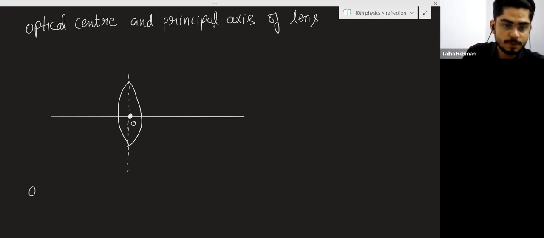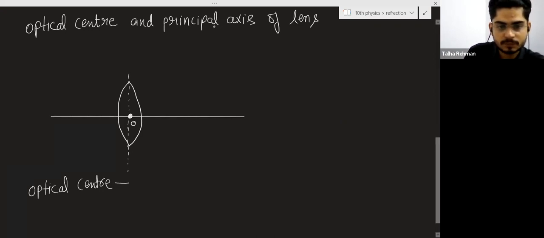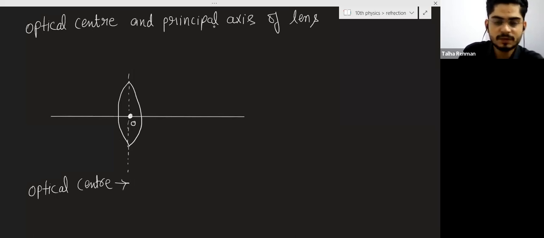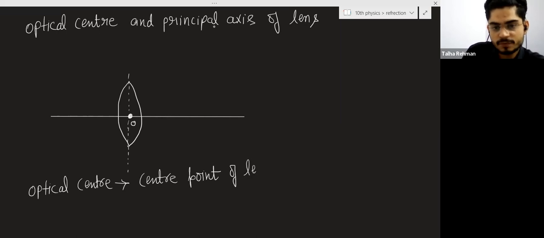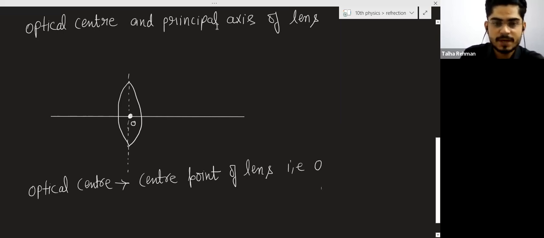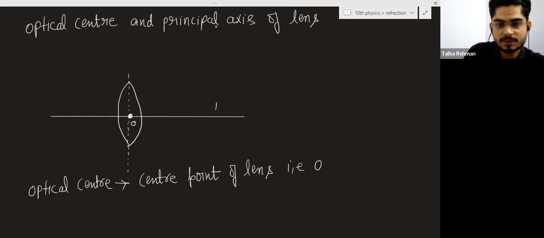So write for the optical center first. Optical center is the center point of lens. That is O. O is the optical center. And principal axis, this is the principal axis.